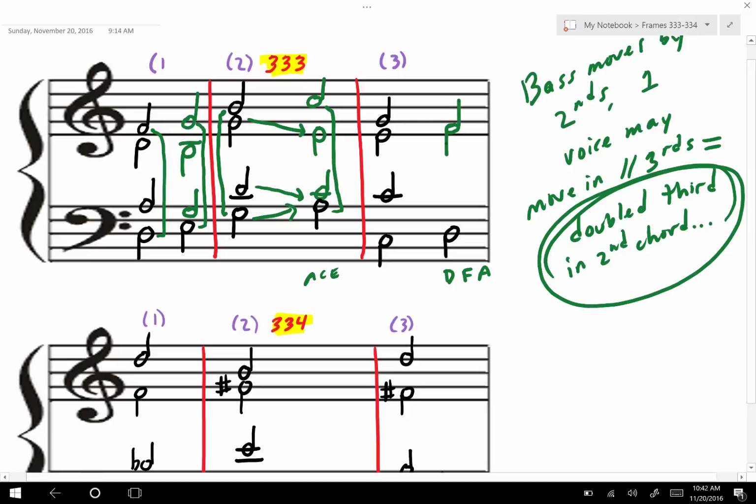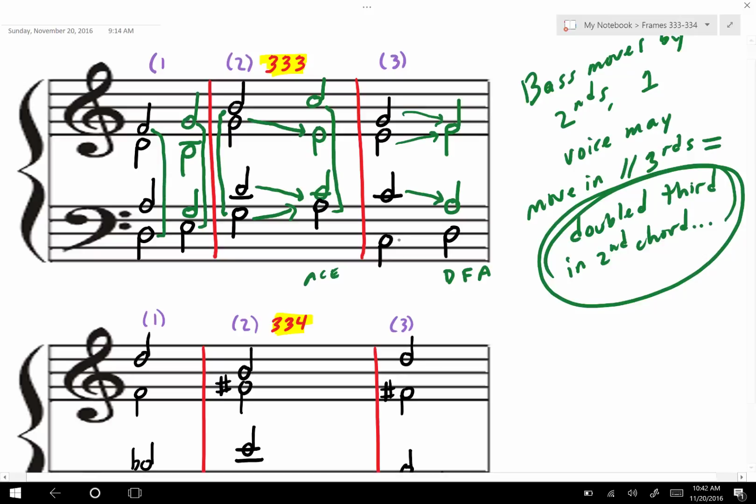There's my doubled third. And then we add in the A right here for the tenor. That's very easy for the sopranos to go down to the F and the altos to go up to the F, and the tenor isn't singing that perfect fifth anymore. They're singing a minor third down.